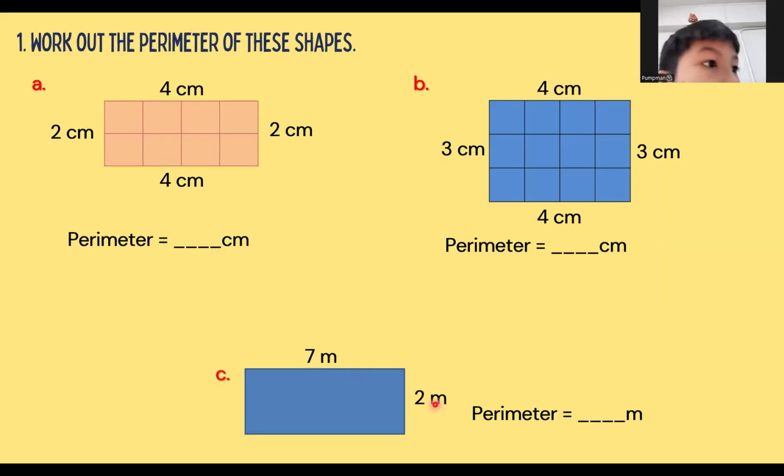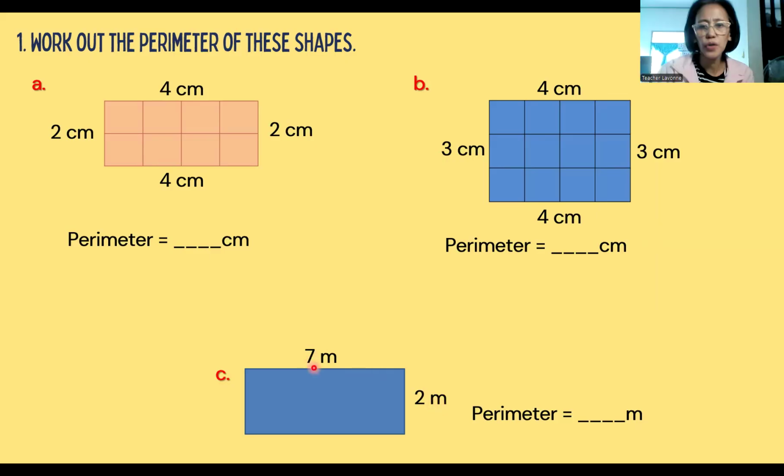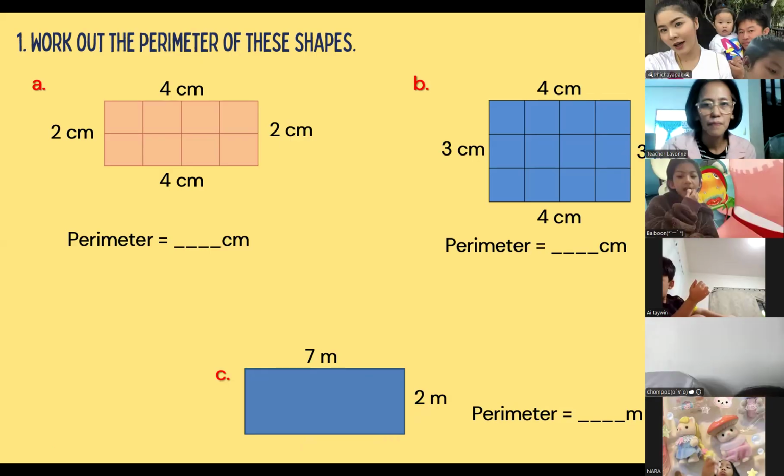Anyone can explain? I show only the length and the width. Should it be 9 meter only? Is the answer 9 meter only? What do you think? Who wants to answer?